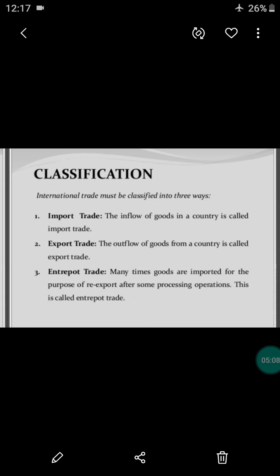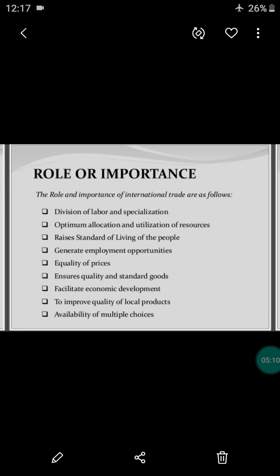Now we are going to understand the importance or the advantages of international trade, that is, why we indulge ourselves in international trade. First one is division of labor and specialization. As we all came to know, each and every country does not have each and every resource.